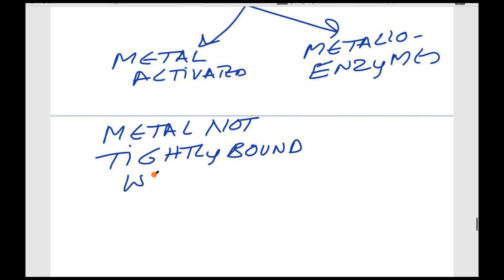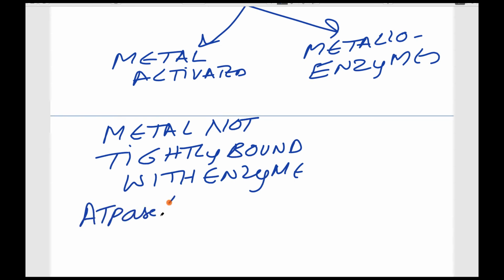It is not an integral part of the enzyme. Suppose you take ATPase enzyme, it requires Mg2+ or calcium 2+, but they are not tightly bound. Removal of these factors will not affect the enzyme. Enzyme will not be destroyed.